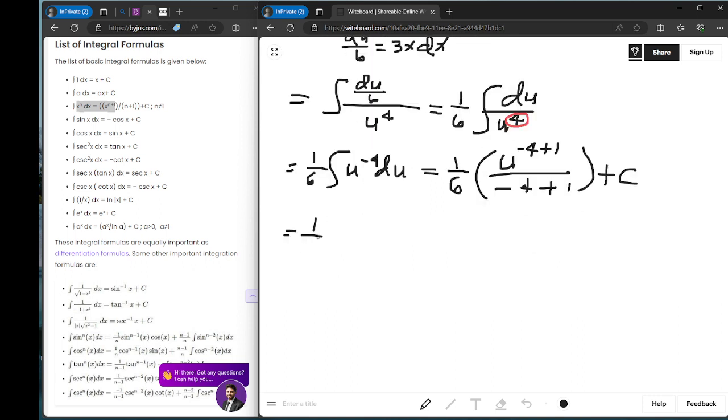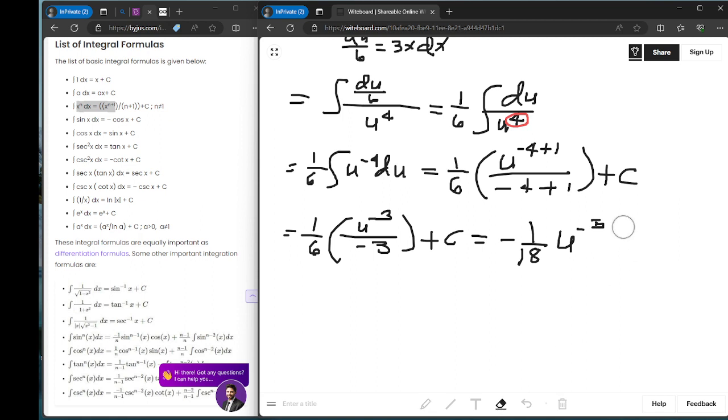So that is 1 over 6 times u to the negative 3 over negative 3 plus c, or negative 1 over 18. 6 times negative 3 is negative 18. u to the negative 3 plus c.